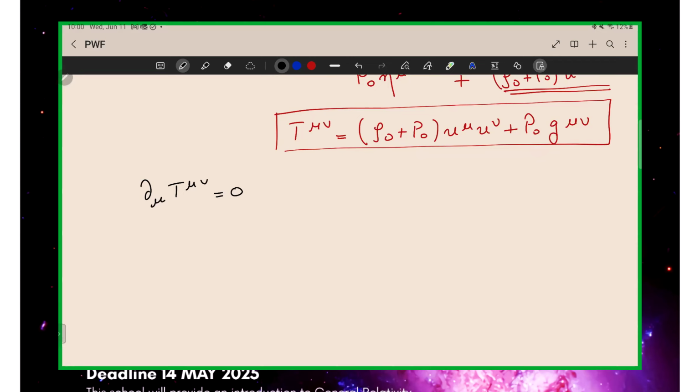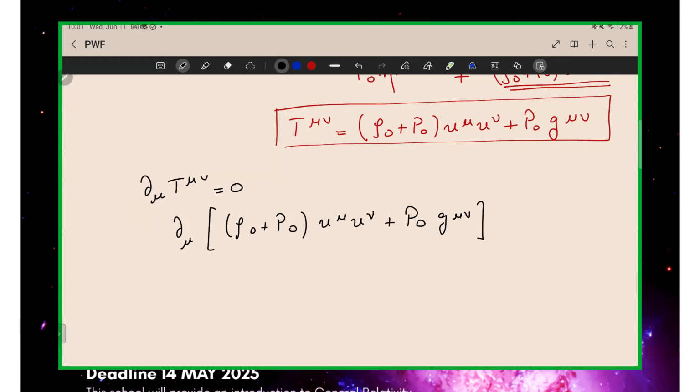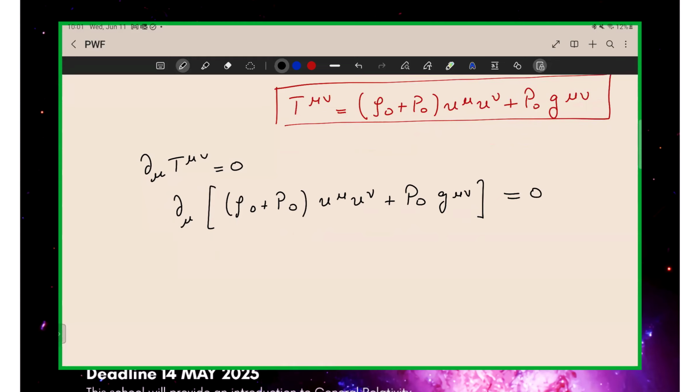Well, let's see. So you get this thing. I'm sorry, the pressure and the energy density don't have to be constant, so they can have a non-zero derivative, so be careful about that.